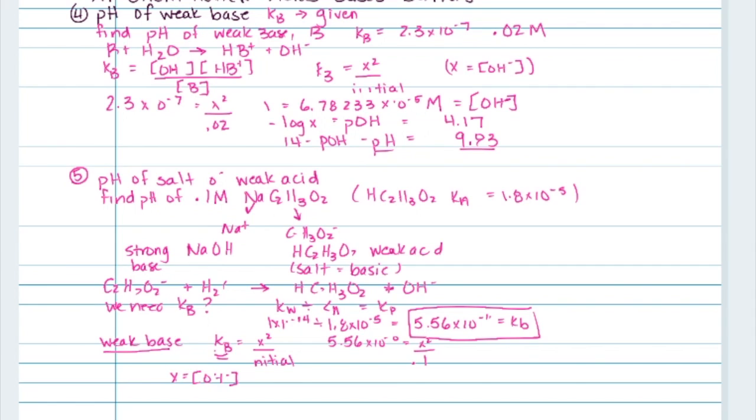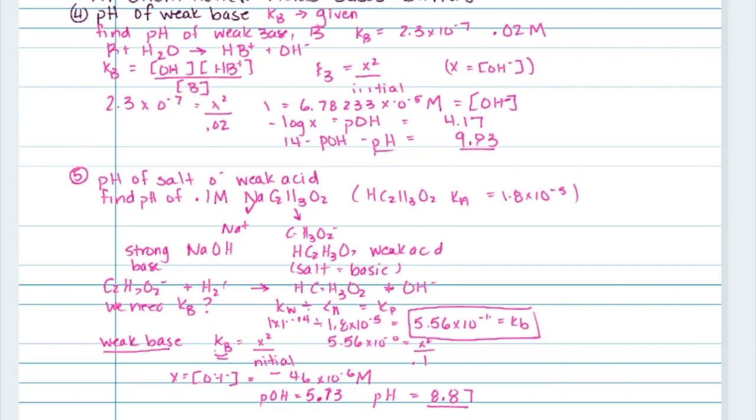That hydroxide ion concentration came out to 7.46 times 10 to the minus 6 molar. When we negative log that, we get the pOH of 5.13. When we subtract from 14, our pH comes out to 8.87, which makes sense because this is a basic salt, so the pH should be above 7.